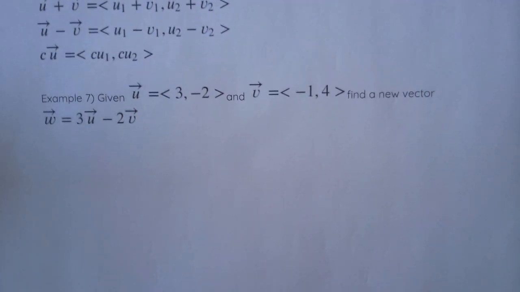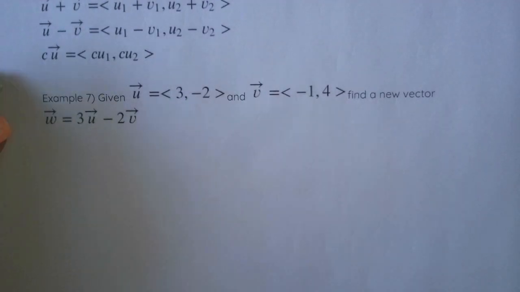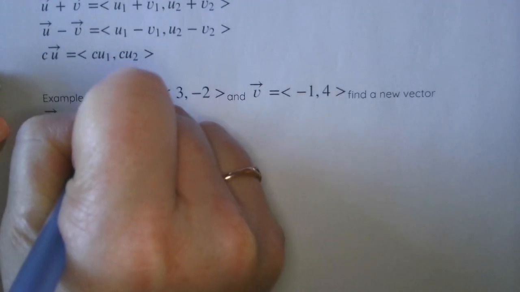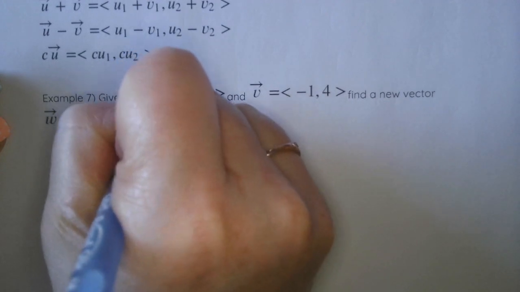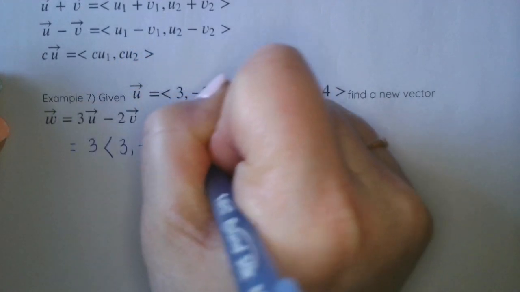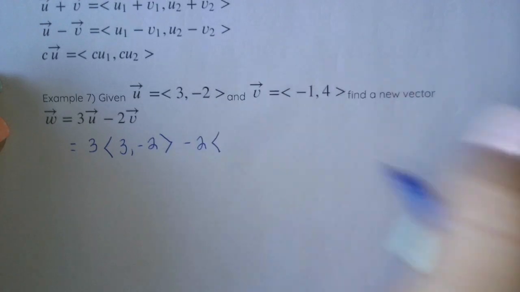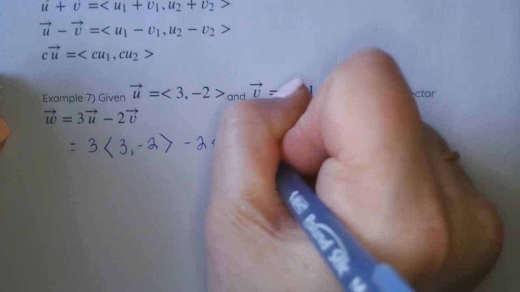So let's say I'm given vector u and vector v. Find a new vector w that is 3 times vector u minus 2 times vector v. So I'm going to write this out as 3 times vector u, which is 3, negative 2, minus 2 times vector v of negative 1, 4.